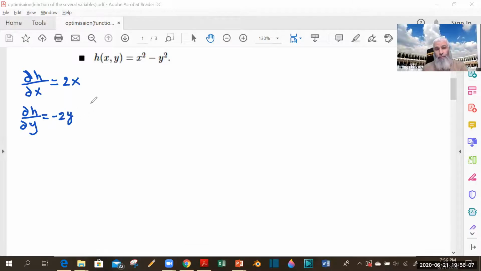Yes, negative 2y. So this will be equal to 0 and this will be equal to 0. So x here equals what? y equals what here? y equals 0 divided by negative 2, also equal to 0. So x equals 0 and y equals 0. The critical point?